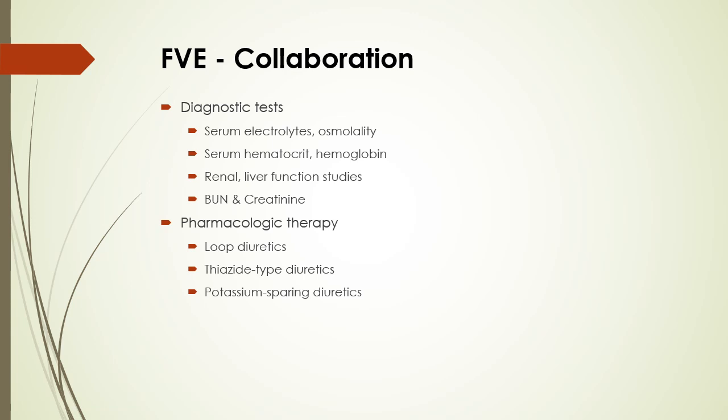Pharmacologic therapy. Know your diuretics. Again, know your diuretics. Know the names of them. If you've got somebody that has, let's just say, a potassium level of 3.4, while not a critical level, it is outside the range. But let's say we're getting ready to give them 80 of Lasix.